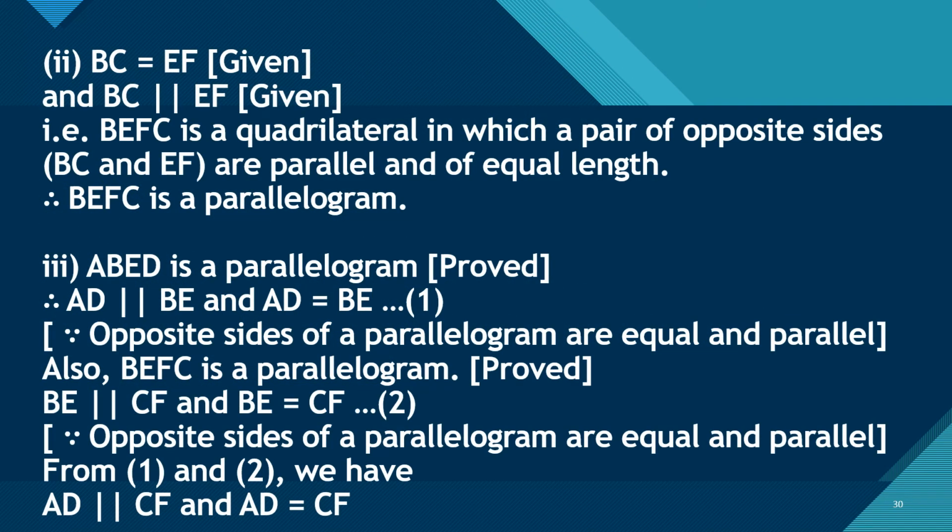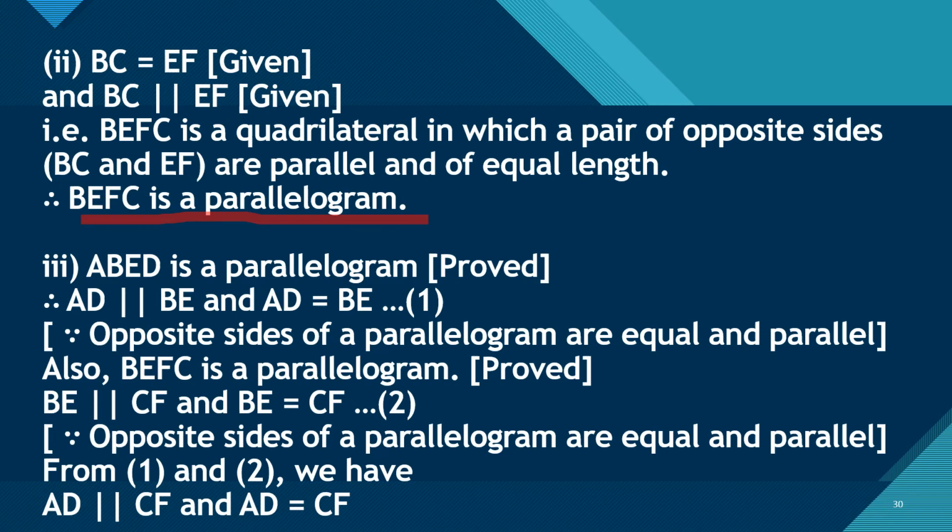Second part, BC equal to EF is given, and BC is parallel to EF, which is also given. That is, BEFC is a quadrilateral in which a pair of opposite sides BC and EF are parallel and of equal length. So BEFC is a parallelogram.